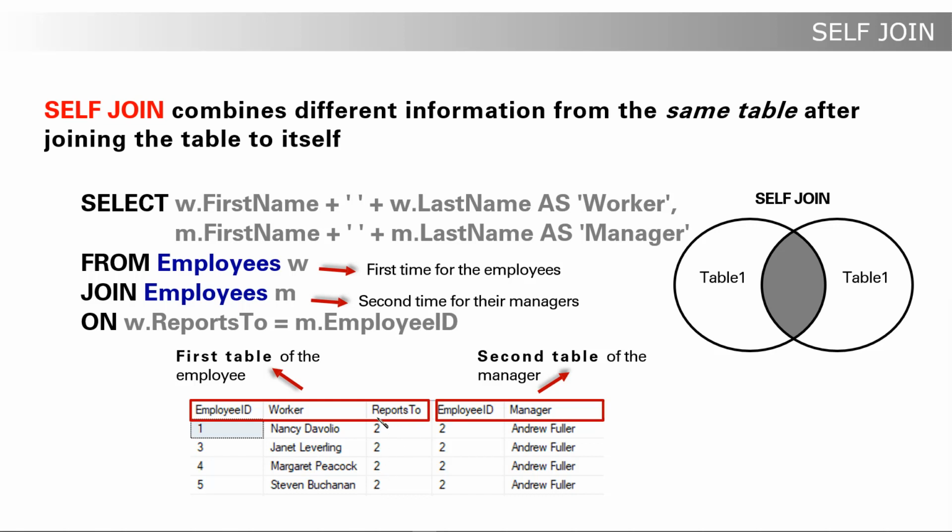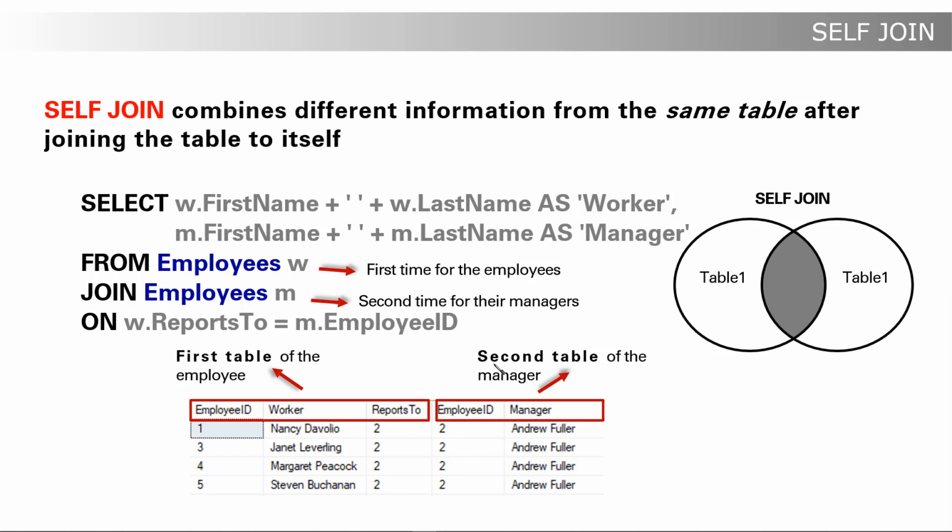The ID of the worker they report to, it means the ID of their manager. And if we connect it to the same table, we can get the employee that is now the manager, the manager that this employee reports to. Nancy reports to the employee that is the manager, Andrew. And Janet reports to the employee that is the manager, Andrew, and so on.